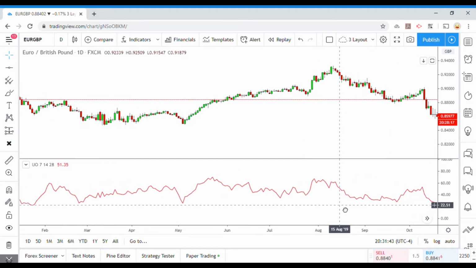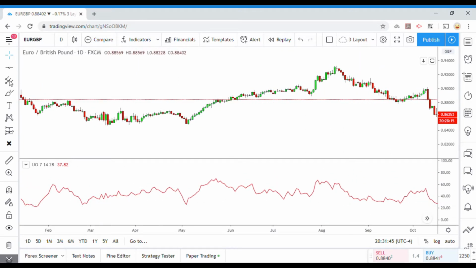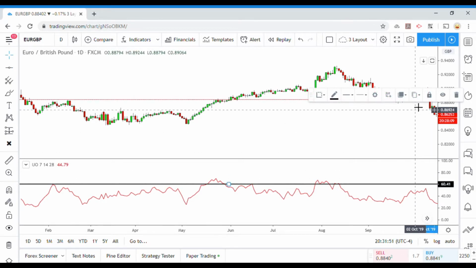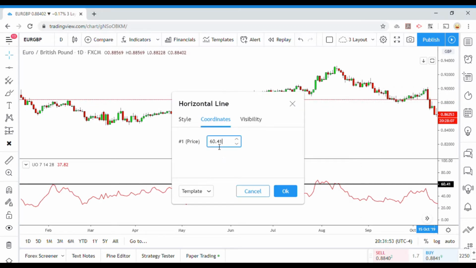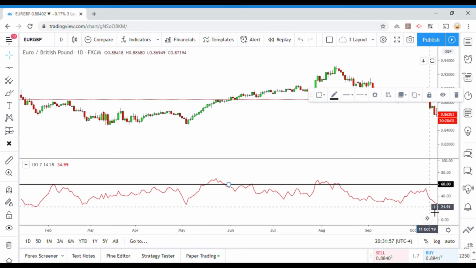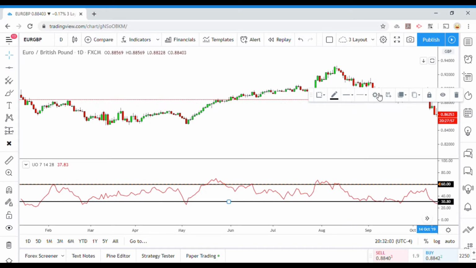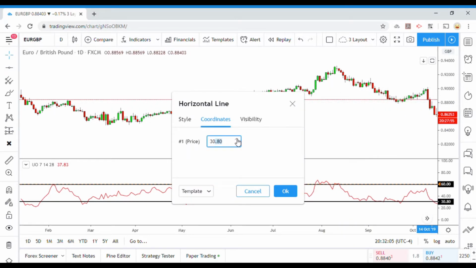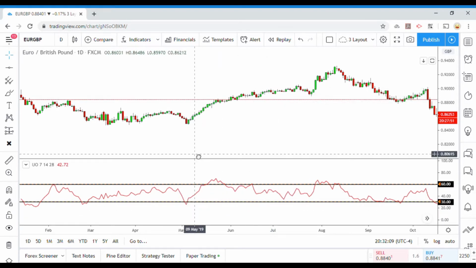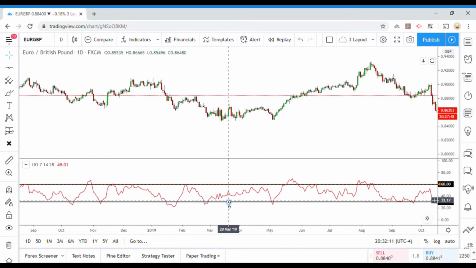So sometimes adding lines at multiple points, say 60, and another one at 30. Again, I'm just playing around here to see what happens.